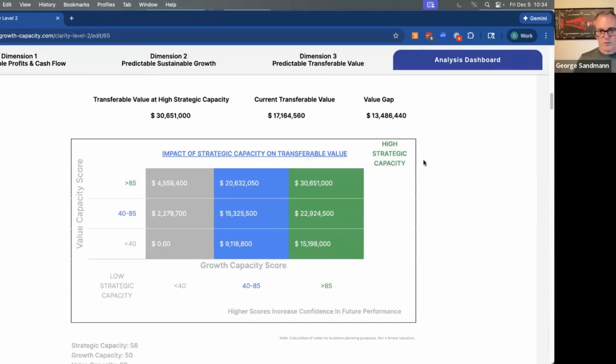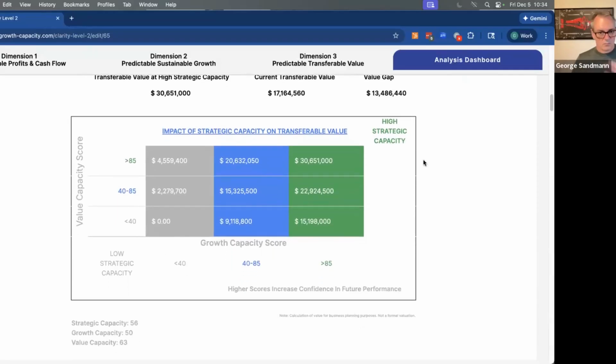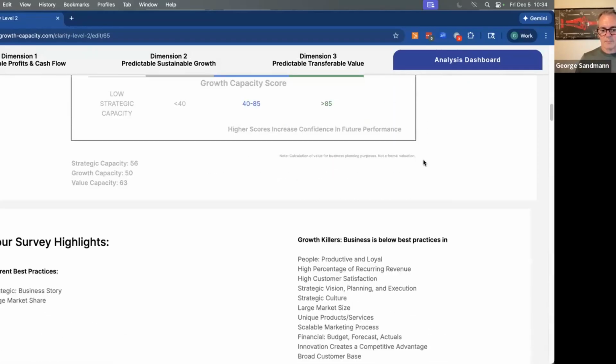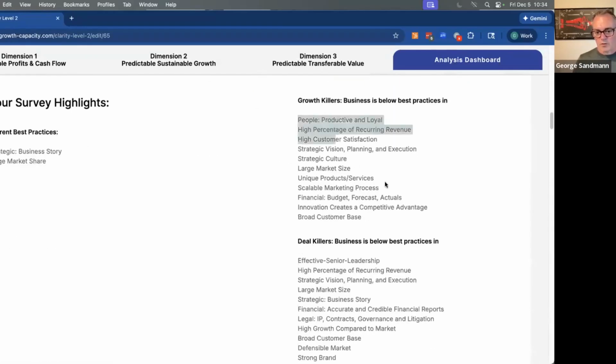This is the CEO's view of the same business. So horseshoes and hand grenades, same. Here are what is holding back growth. You don't have people who are efficient with low turnover. You're not generating a maximized amount of recurring revenue. You have inadequate customer satisfaction data, et cetera.